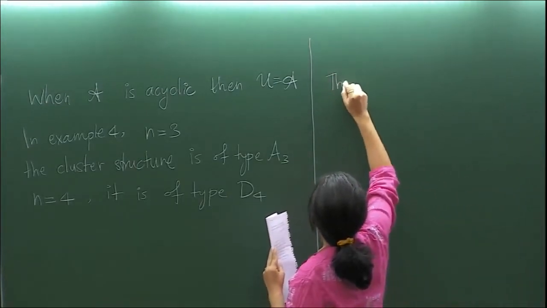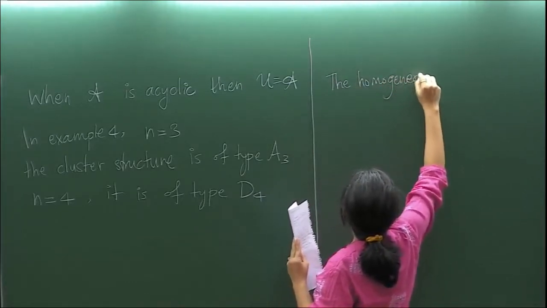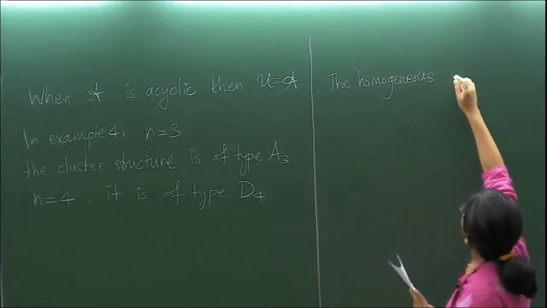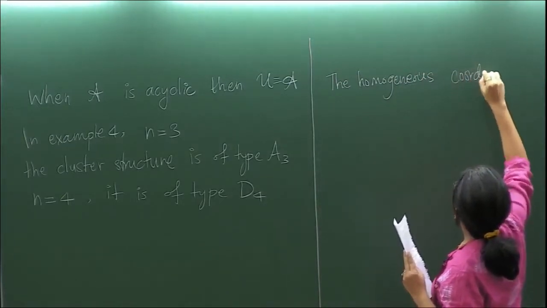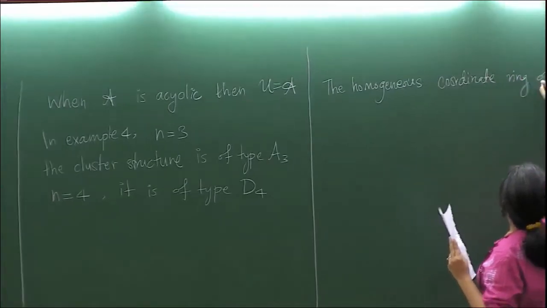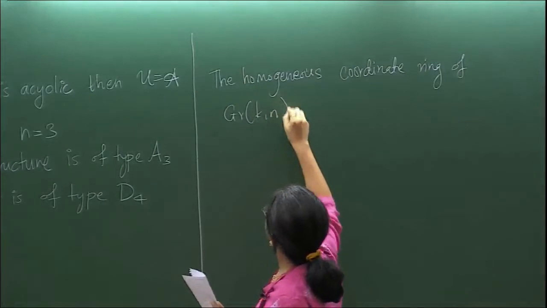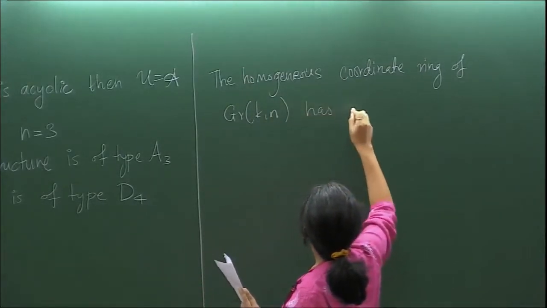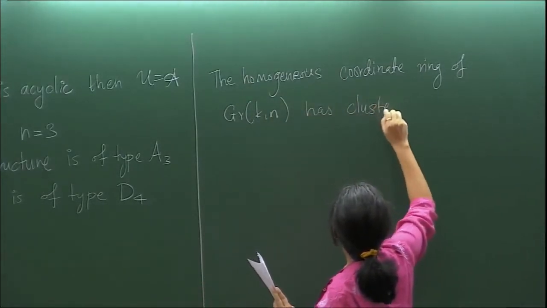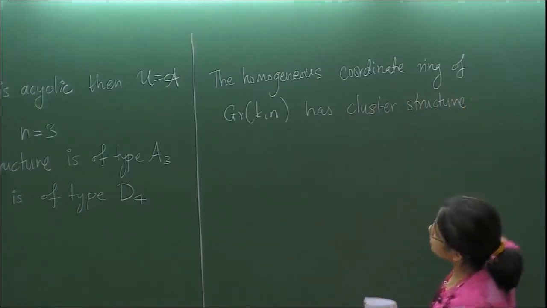But in general, the homogeneous coordinate ring on Grassmannians has cluster structure, and this is what I will talk about next. This is due to Scott.